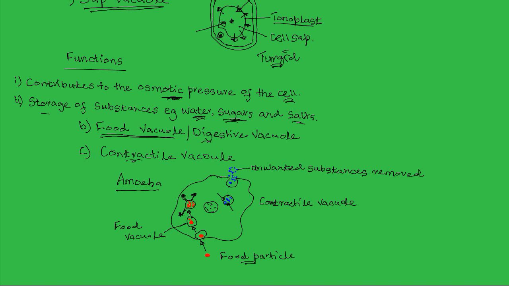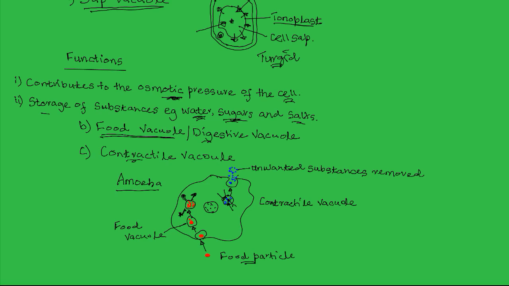On the other hand, contractile vacuoles form within the cell. Unwanted material, waste substances, or excess water are pumped into the contractile vacuole. So as more and more unwanted substances are pumped into the contractile vacuole, it enlarges and also at the same time moves towards the cell membrane, where it would fuse with it and empty its contents of unwanted substances to the surroundings.